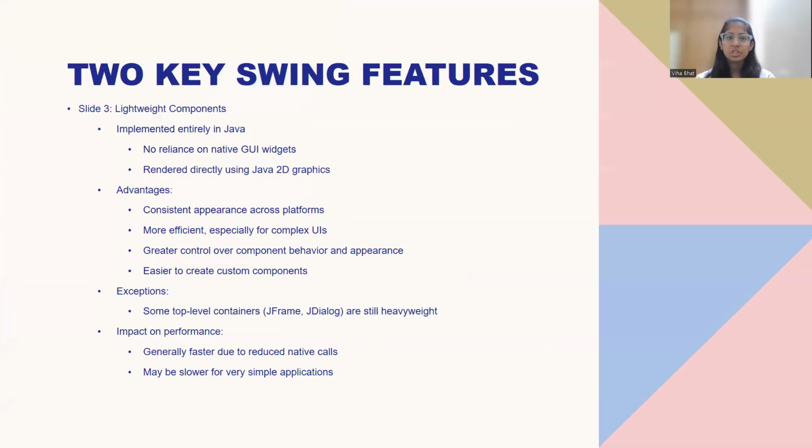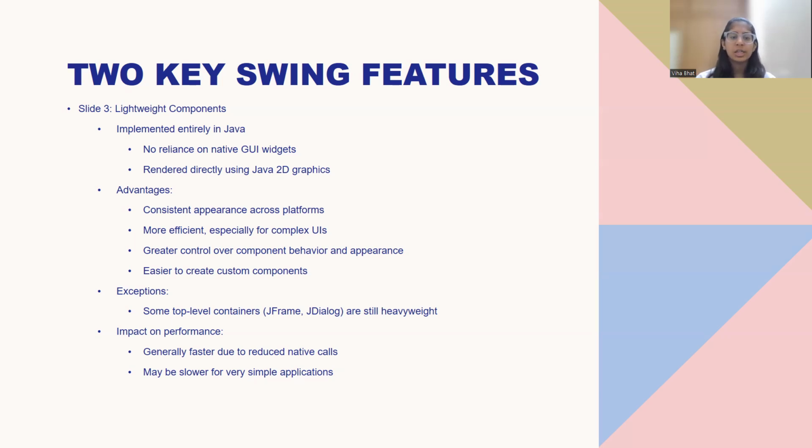Now we have two key features in Swing. First is the lightweight components. These were implemented entirely in Java, with no reliance on native GUI widgets, and rendered directly using Java 2D graphics. The advantages were that a consistent appearance across the platforms was given, they were more efficient, especially for complex UIs, and greater control over component behavior and appearance was also given.